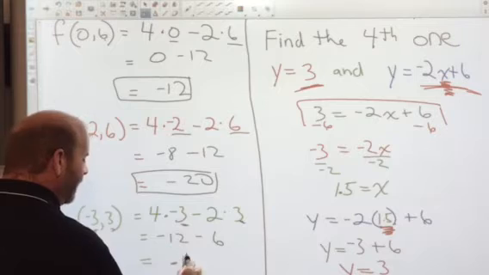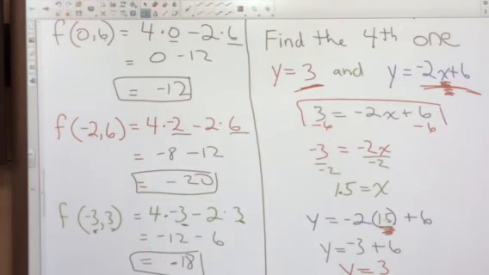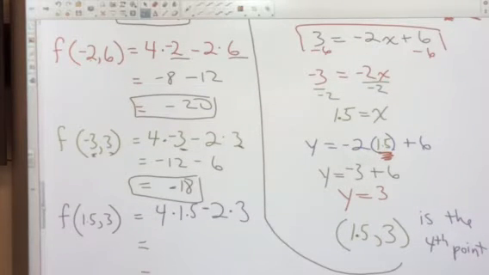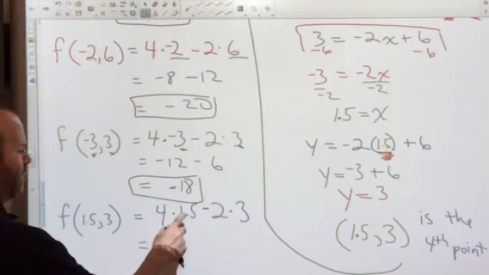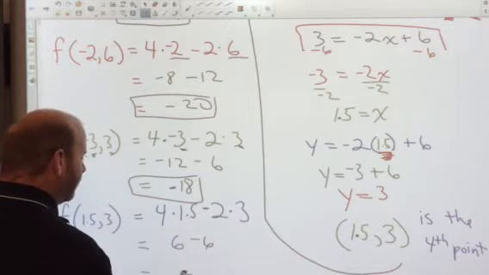That's negative 18. Okay, so that can't be the minimum because we already have a negative 20 as a minimum. And I have to slide up a little bit for this. And 4 times 1.5 is 6, 2 times 3 is 6. So 6 minus 6 is 0.